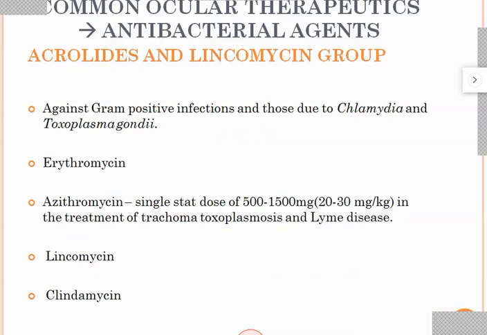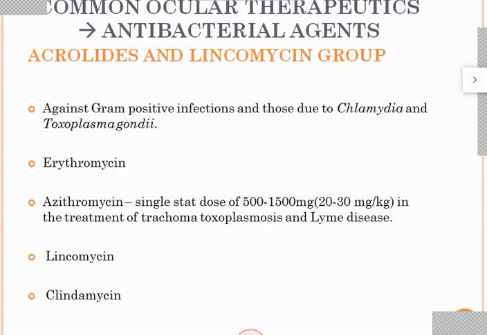Then the macrolides and lincomycin group. These are effective against gram-positive infections and those due to chlamydial and Toxoplasma gondii infection. To treat Toxoplasma gondii also. That is a protozoan, to treat protozoal infections also. And the other ones are erythromycin and azithromycin.